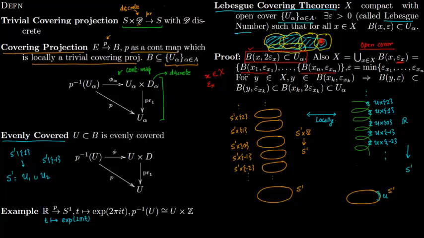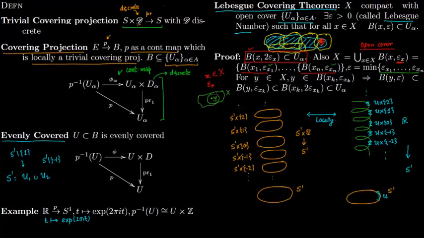Now you just pick the minimum epsilon. We have all these epsilons here: one epsilon here, a bunch of epsilons here, and one epsilon here. You pick the minimum of all these epsilons. Now for any point y lying in the space X, y will lie in some ball, say the ball with index k.